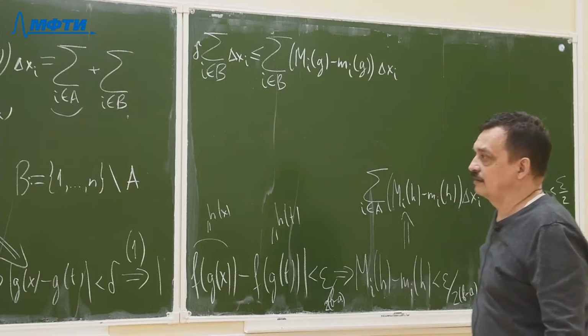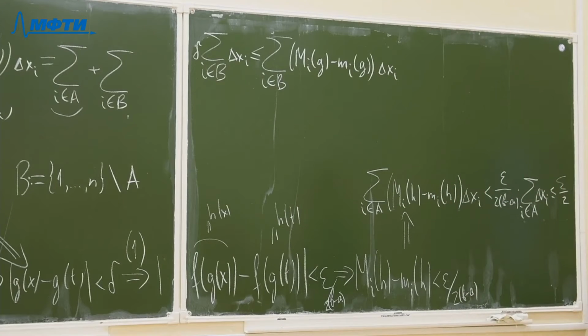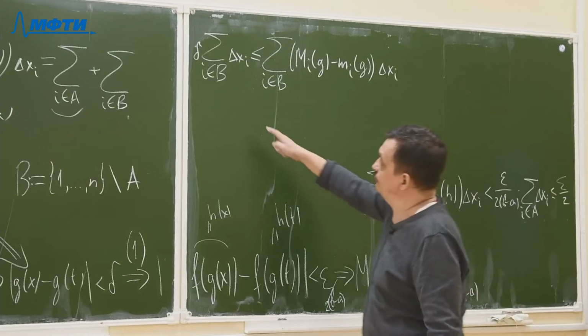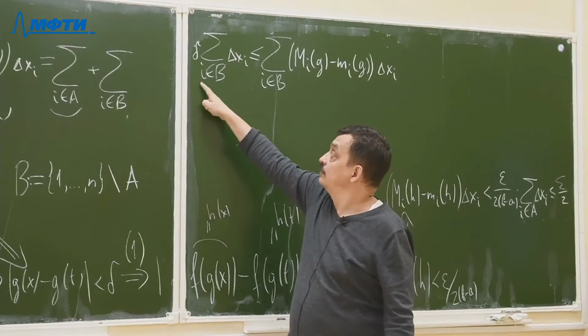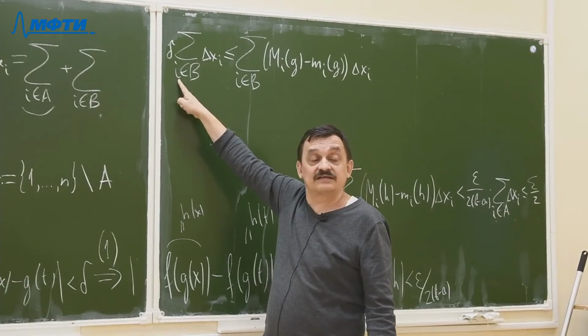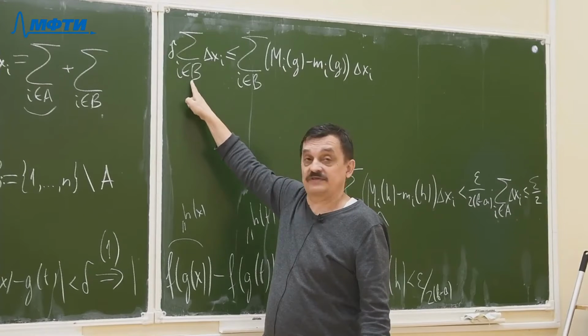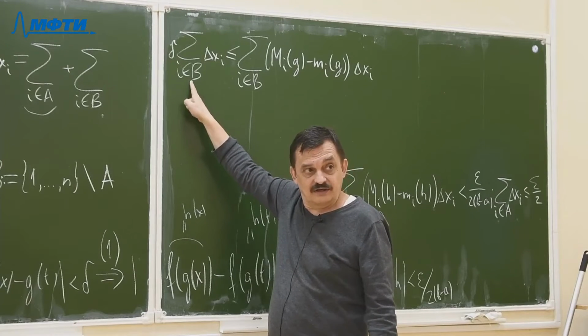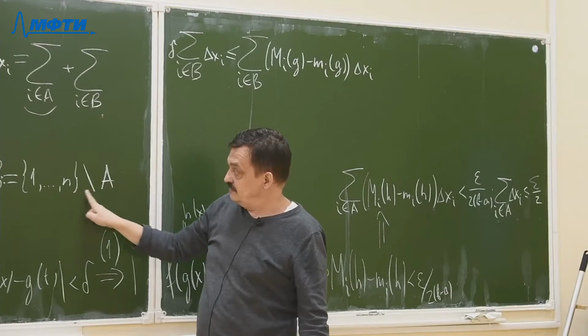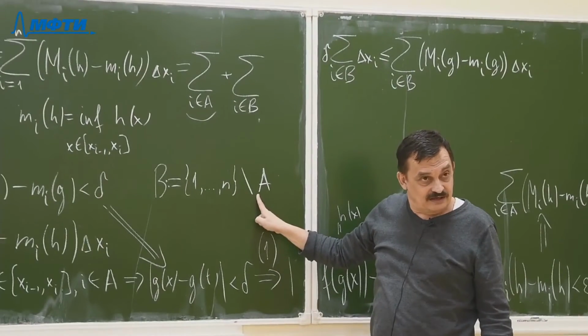Why? Because, look, here the index i is taken from the set B, and the set B is the complement of the set A, right?